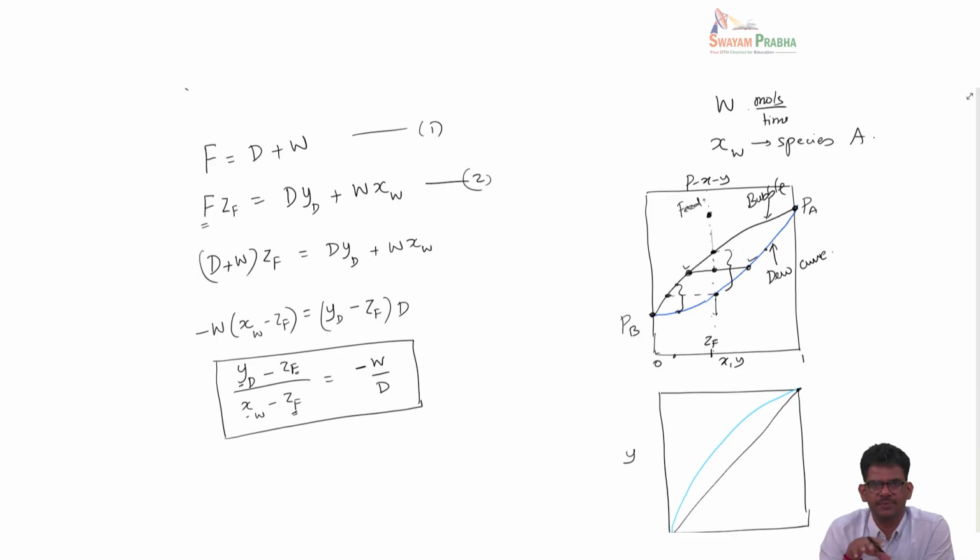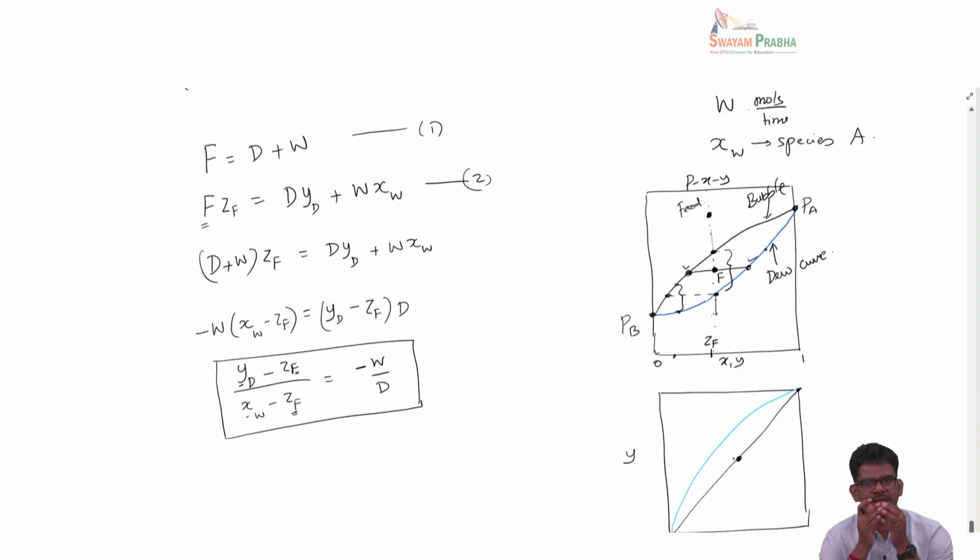So from the flash distillation point of view, what we are saying is we take the feed, we heat it, and then we decrease the pressure along this line and reach a point somewhere here. Okay, so let's say this point is point F, and that point can be denoted here as this point, because here the average composition is still ZF.